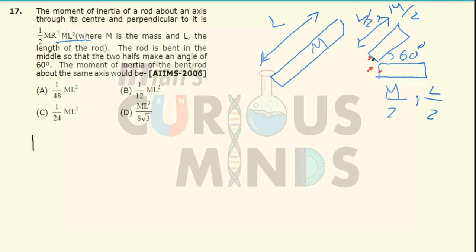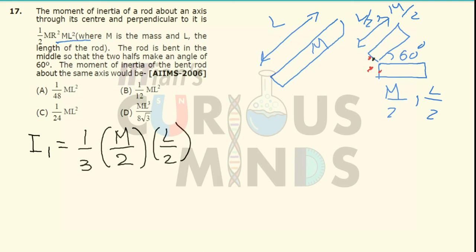So the moment of inertia of the first rod about the end will be equal to 1 by 3 times M by 2 times (L by 2) the whole square. This is the moment of inertia of the first rod, and that of the second rod will also remain the same. I have distributed it into two rods, two halves, so it will be I1 plus I2.